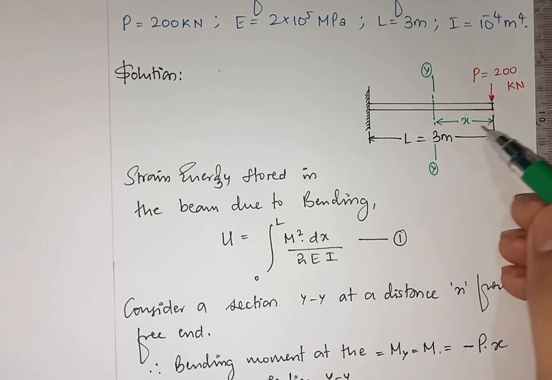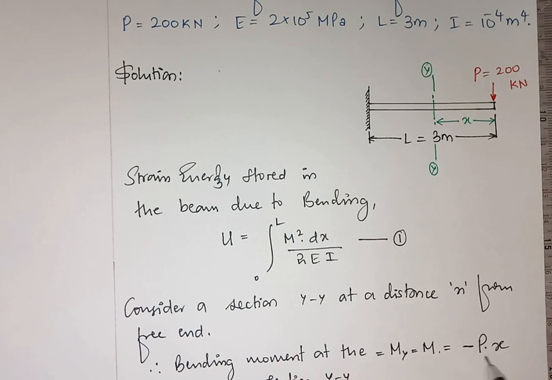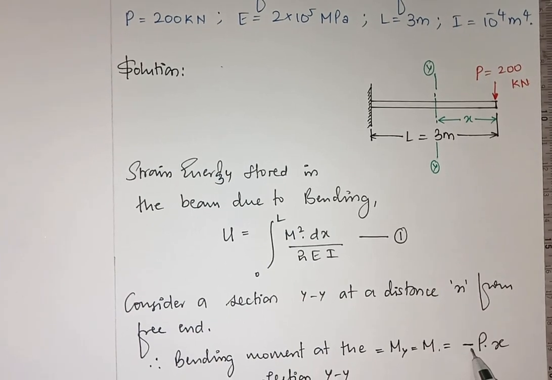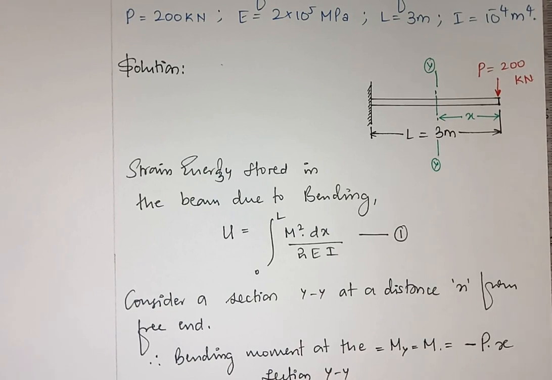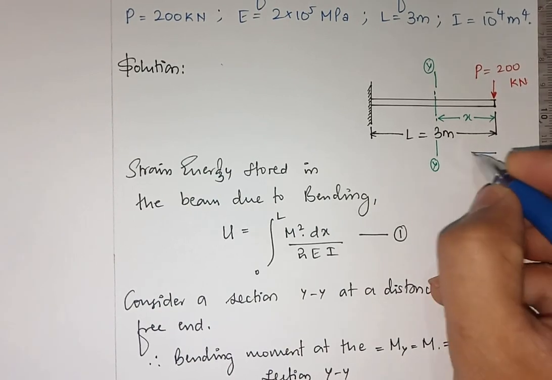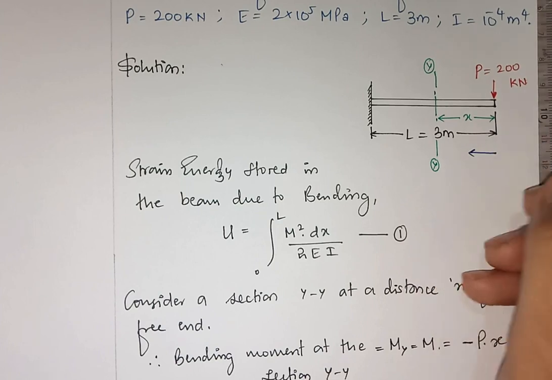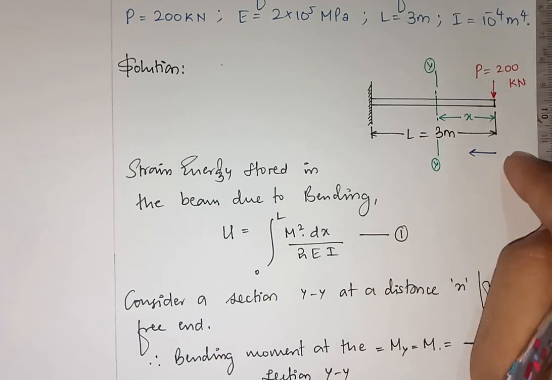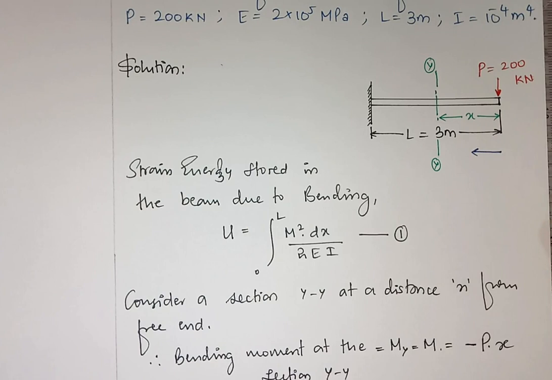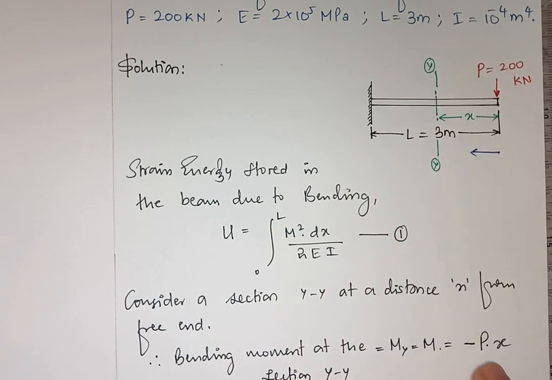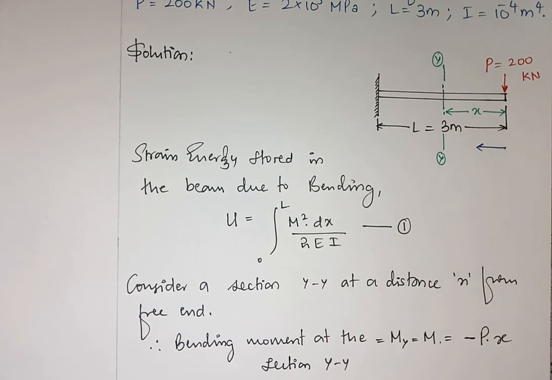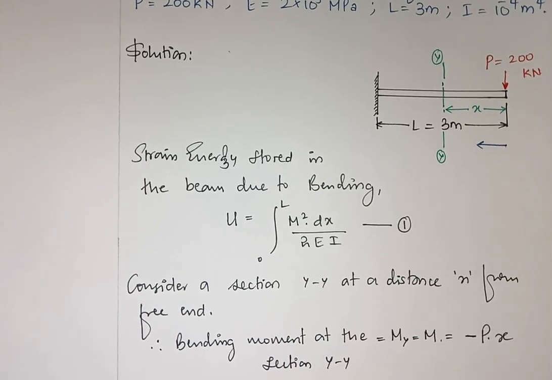P is acting downward, X is the perpendicular distance, so P into X we got to know. Now why this minus sign is coming into picture? Because in case of cantilever beam, we will be moving from right to left. So when you are moving from right to left in this direction, the clockwise movement caused will be taken as negative. So here there is a clockwise movement with respect to section YY, so that is the reason you are getting this negative sign.